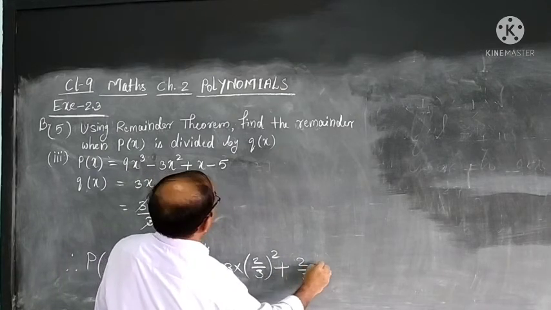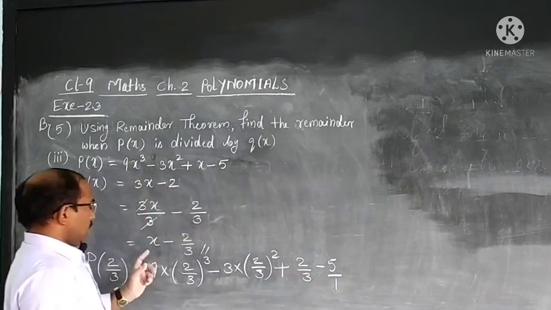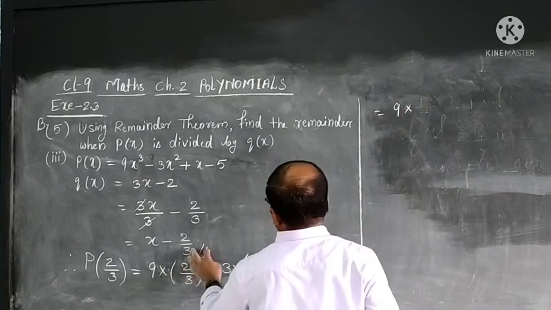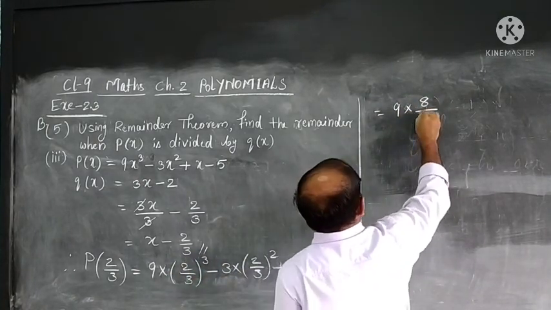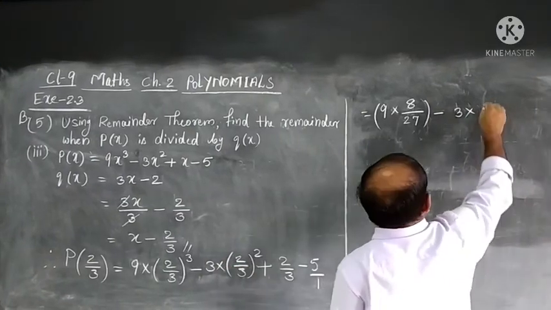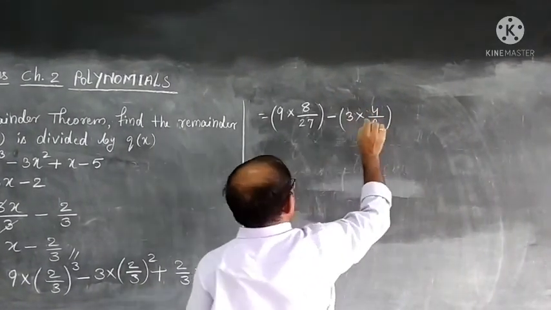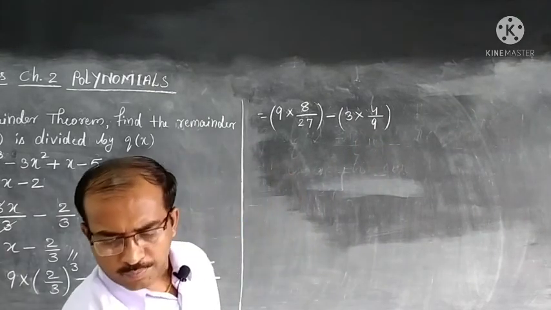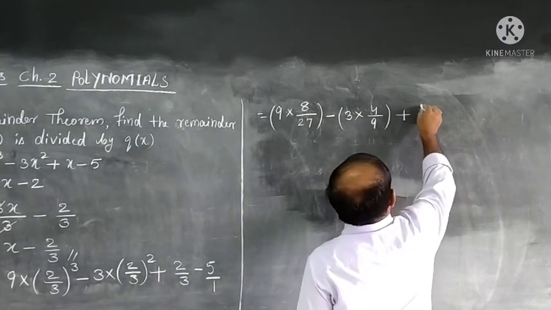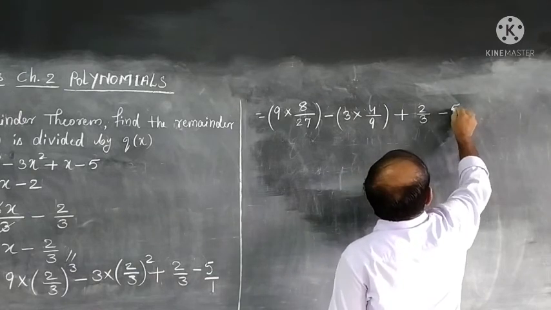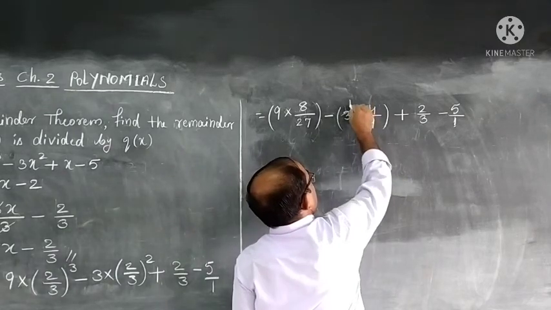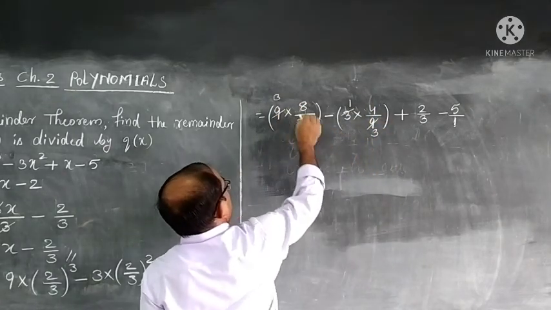that is 2 by 3, minus 5 by 1. You put 9, only simplification work is remaining now. 9 into 2 cube 8, 3 cube 27, 3 into 3 into 3, minus 3 into 2 square 4, 3 square 9, and we need to put brackets, so that easily we can do the calculation without any chance of making mistake. 9 27 we can cut, 3 9 also we can cut, 3 1s are 3, 3 3s are 9.